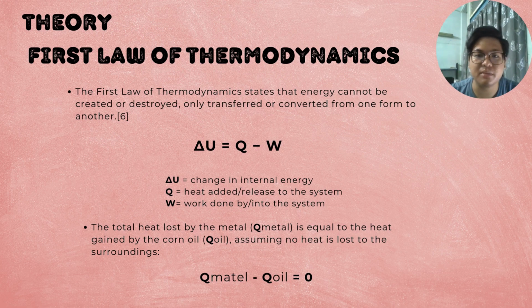In this experiment, we expect that the total heat lost by the metal, Q metal, will be equal to the heat gained by the corn oil, Q oil, assuming no heat is lost to the surroundings, which is Q metal minus Q oil equals zero.